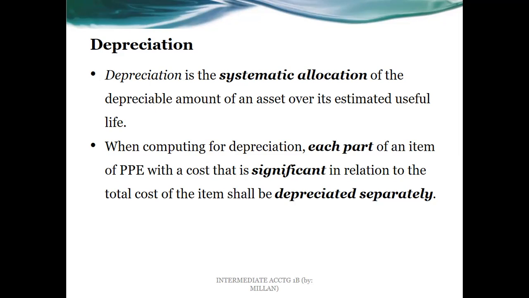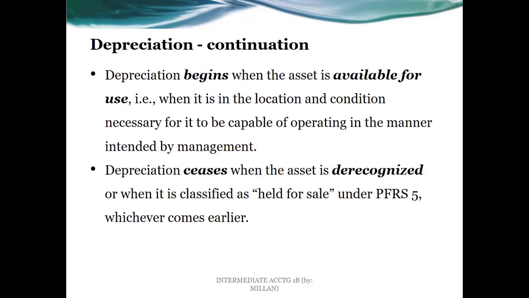If we are asked, it is again a systematic and rational allocation process. Why though? Why is it systematic and rational allocation? It is systematic because there's a process involved, there's a formula to follow, and normally we will do the depreciation table or construct it. And then it's rational because there's a concept behind, as explained a while ago.